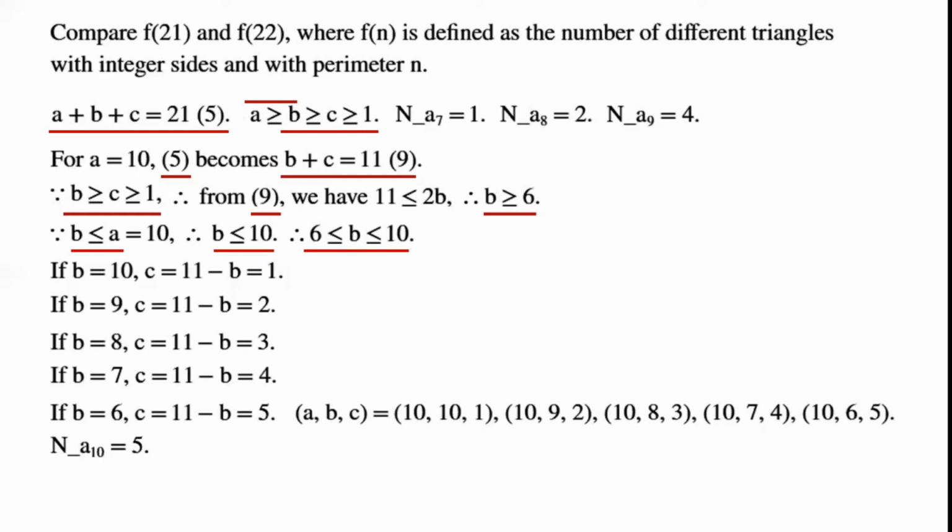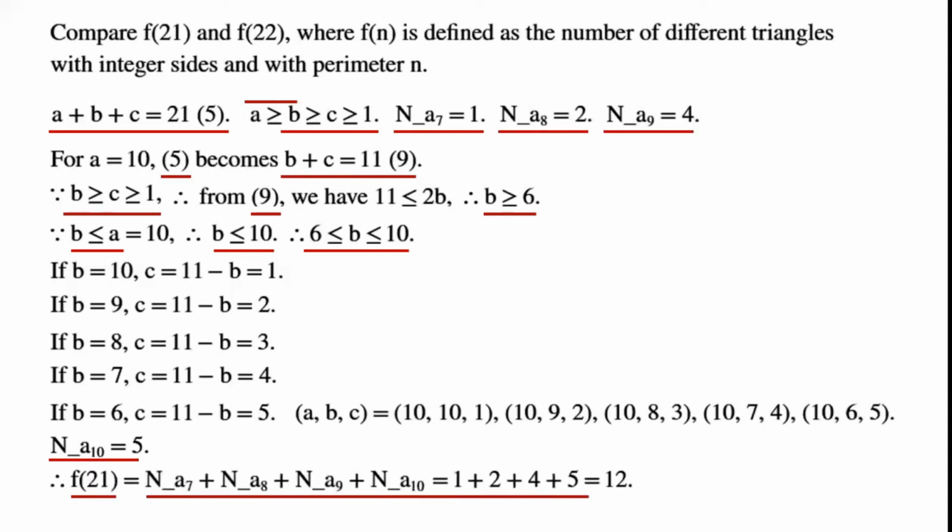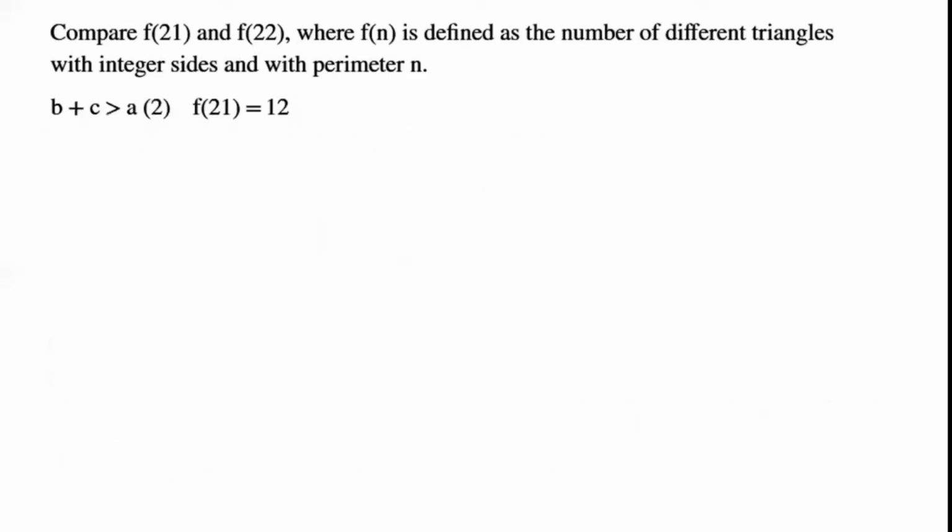So the number of triangles with largest side 10 equals 5. So f(21) = 1 + 2 + 4 + 5 = 12.